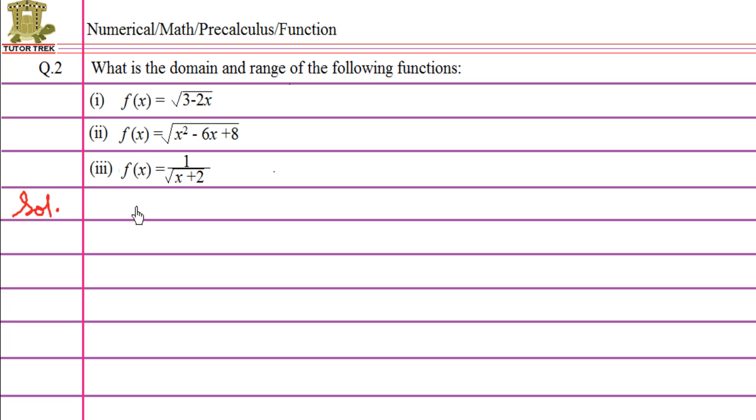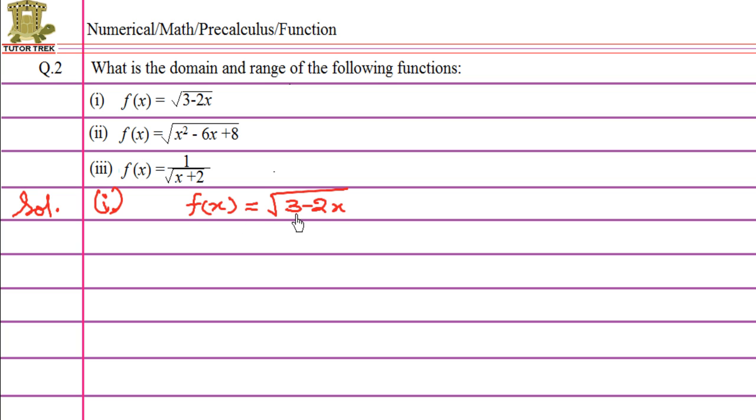See the solution for the first question. We have our first question: f of x is equal to square root of 3 minus 2x. This is the function we have.